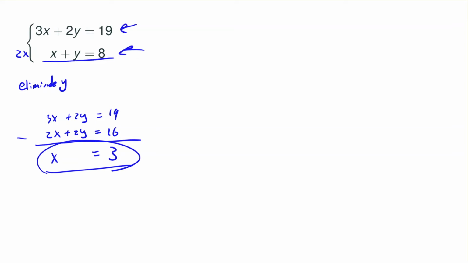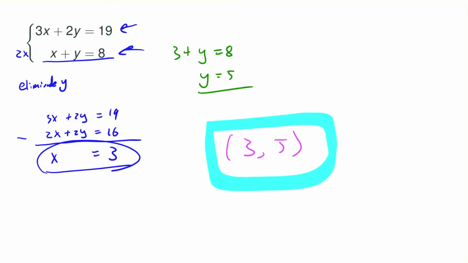And both of them should give us the same answer for y. If it doesn't, that means something's wrong with our x. So we know that 3 plus y must be 8, so y must be 5. So our solution for this problem is 3, 5. And it's one solution. They intersect at this one point.